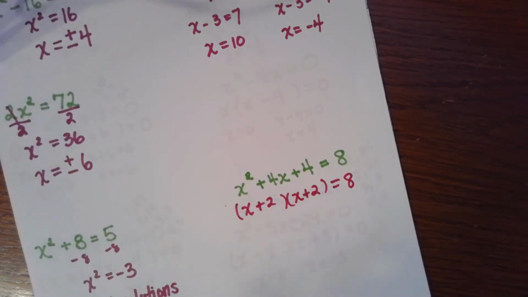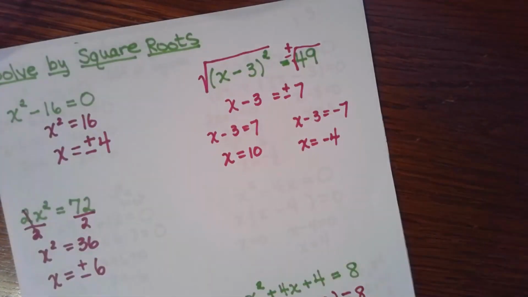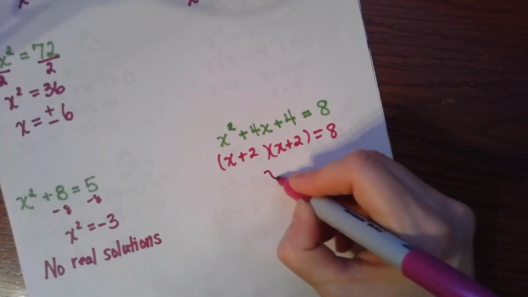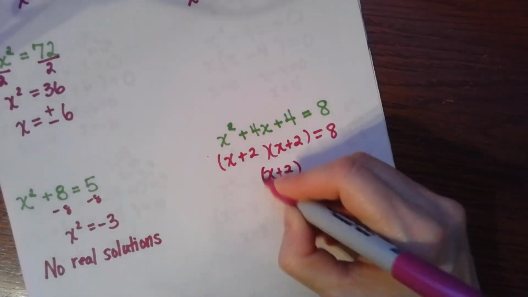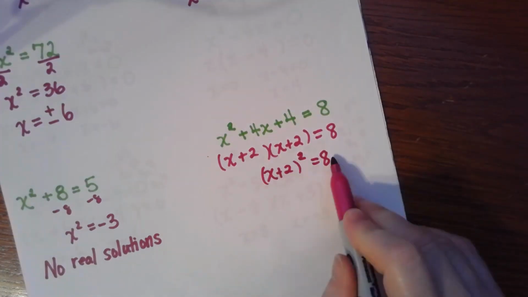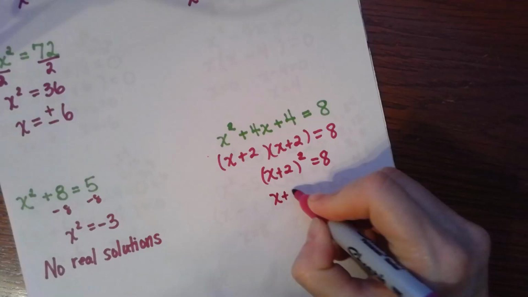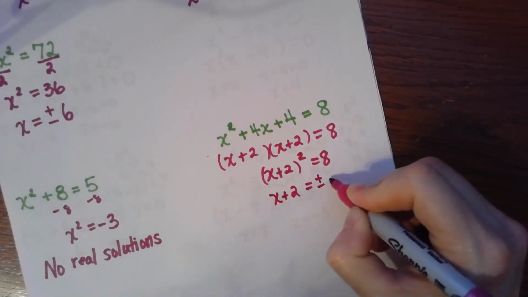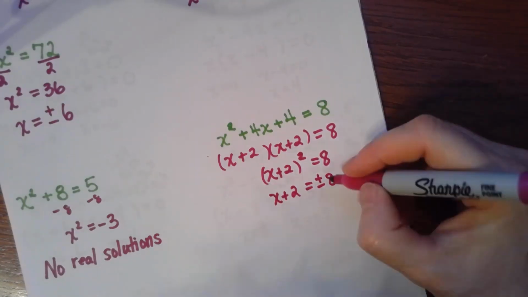And I would have a perfect square, and it would be very similar to this problem that we did up here. Okay, so if I rewrite this as x plus 2 squared equals 8, now I can take the square root of both sides, and I'll get x plus 2 equals plus or minus the square root of 8.